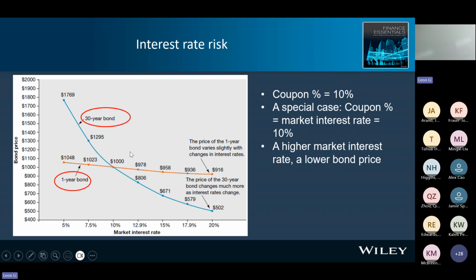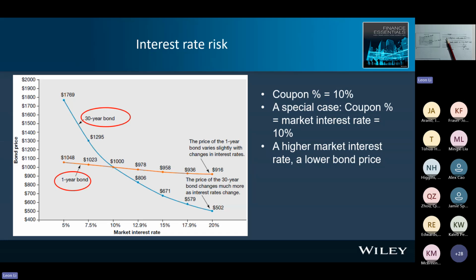Then I show the data of the 30-year bond. So you can see the blue line is our 30-year bond. The 1-year bond, the orange line, this is our 1-year bond. Next, I discuss the slope. So I need to use your math. I hope you remember the slope from when you were a high school student.